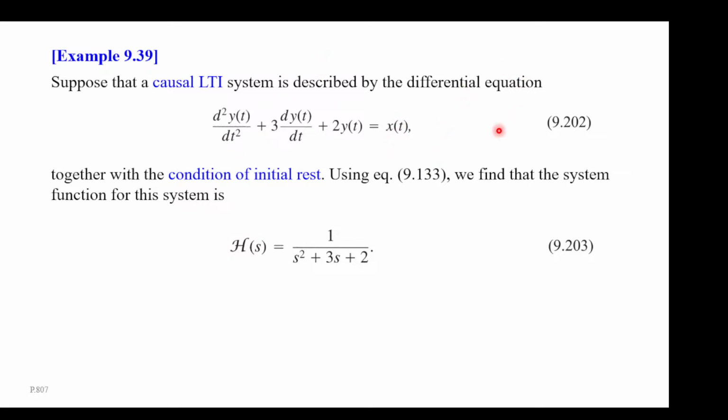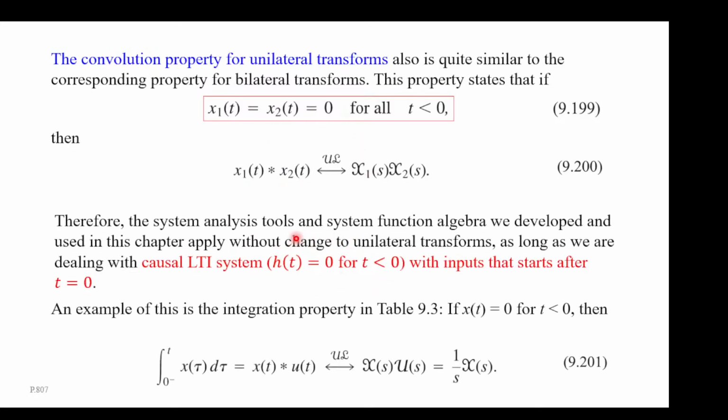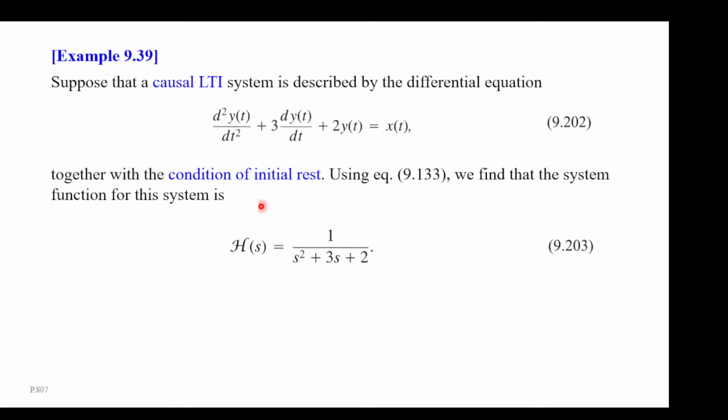And the system is described by this differential equation, and we want it to be causal to be able to use the unilateral Laplace transform. So there are two things. The first is we assume the condition of initial rest, so the system will be causal. And if we also assume x of t equals 0 for t less than 0, then it will be good. Okay.